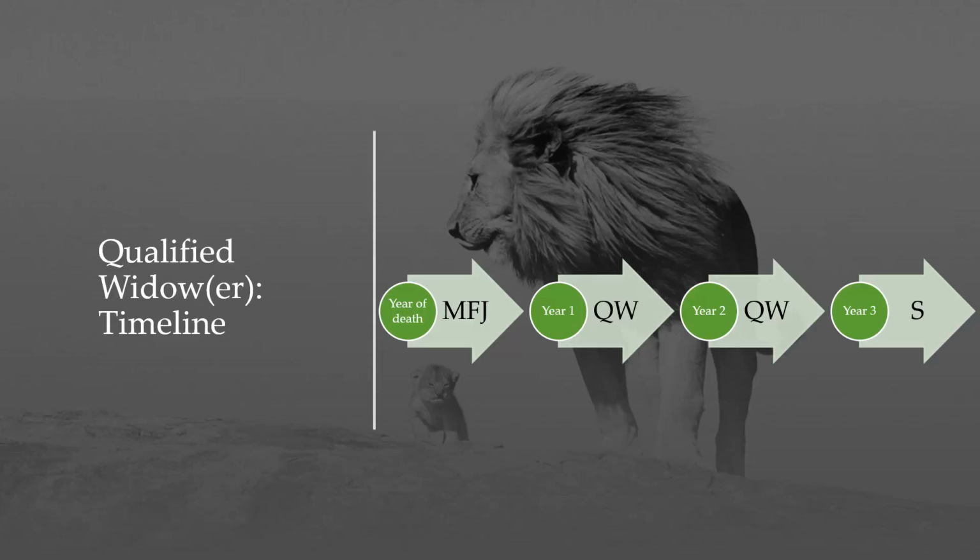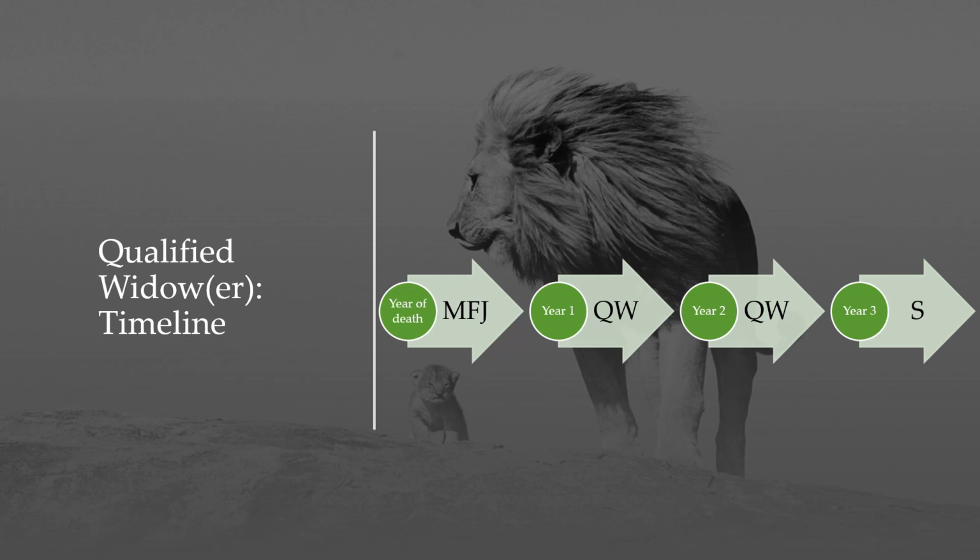It always seems like there are test questions regarding this filing status and the timeline of filing qualified widow or widower. So I just wanted to clarify it. In the year of the death of the other spouse, provided that the taxpayer has not remarried, the taxpayer would file married filing joint with their deceased spouse.